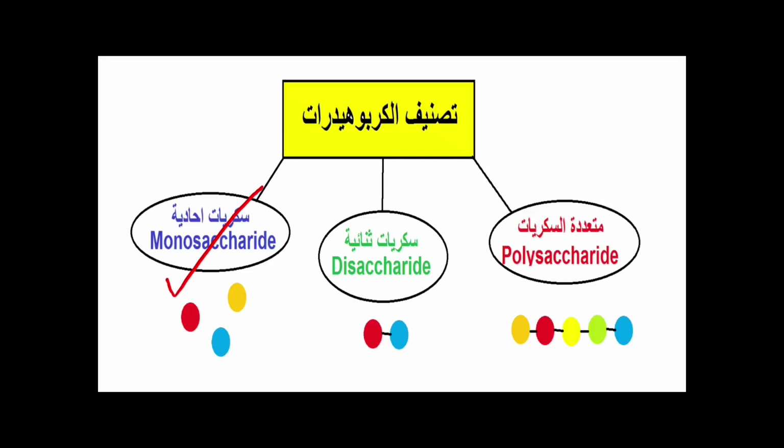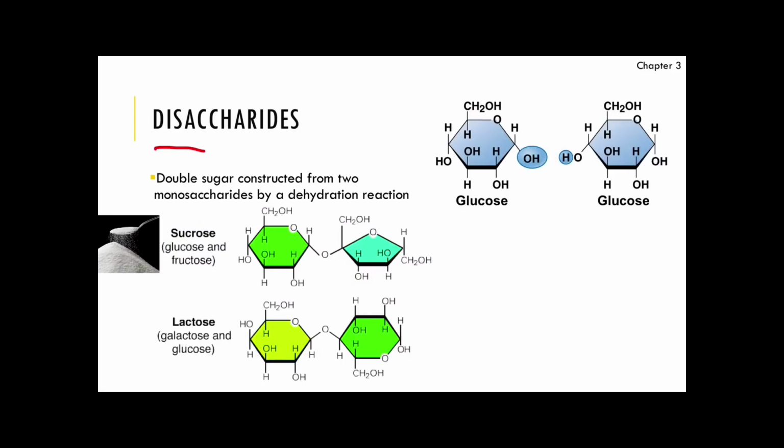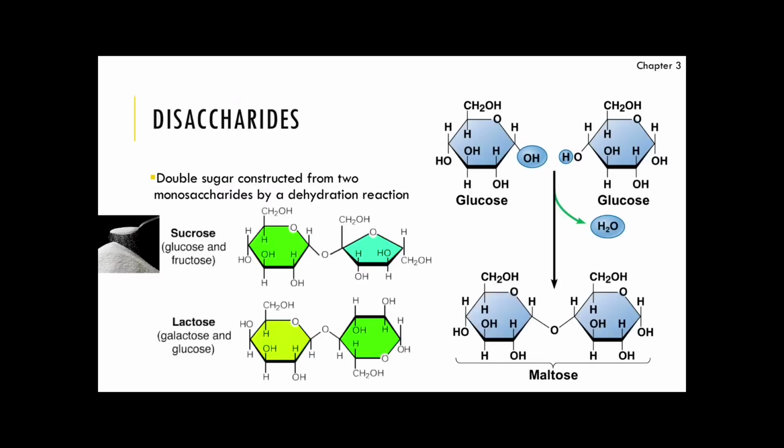Now that we're done with monosaccharides, we're going to talk about disaccharides. Disaccharides are double sugars, as I've explained earlier. This is one glucose and this is another glucose, and they're planning to join together. Once they join together, they create maltose.